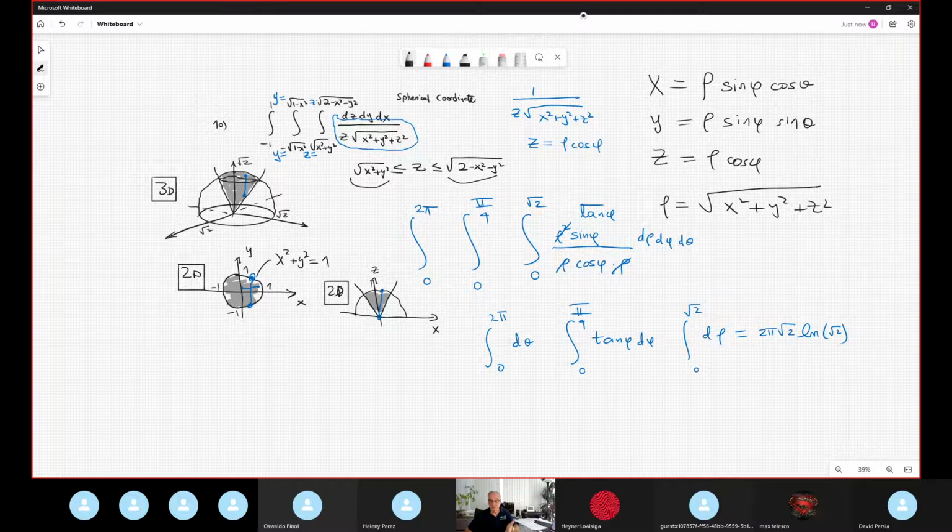And also, don't forget the Jacobian, and don't forget to understand the solid and the conversion to spherical and set out determining the limits. Okay? This is the central idea. And the other formulas you copied in the lecture are on the piece of paper.